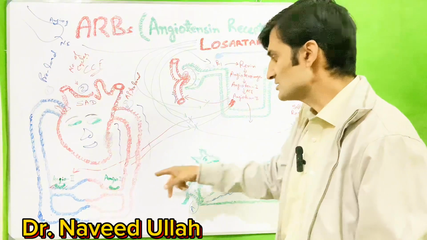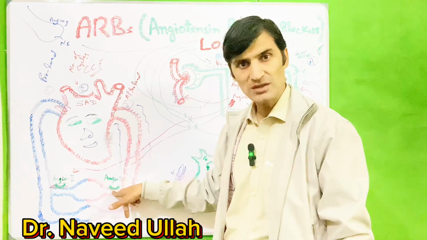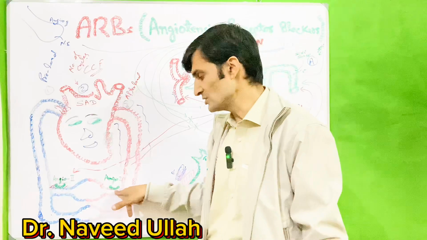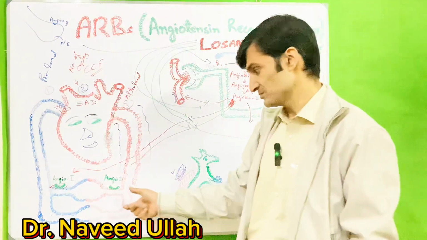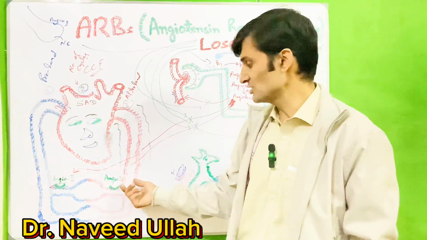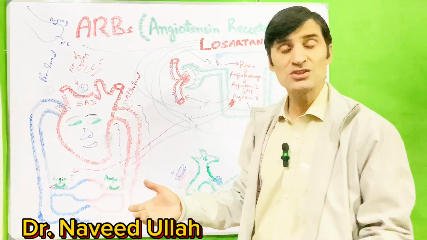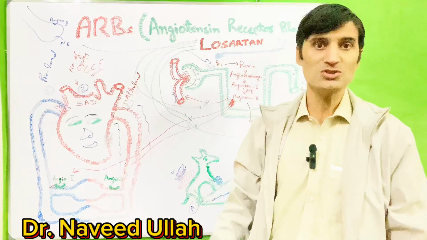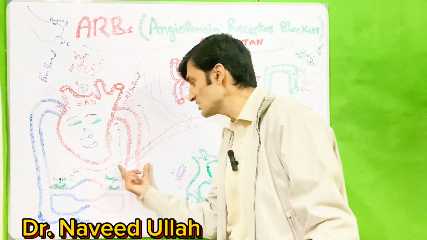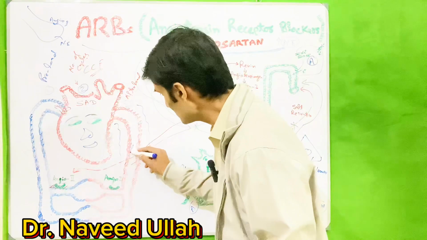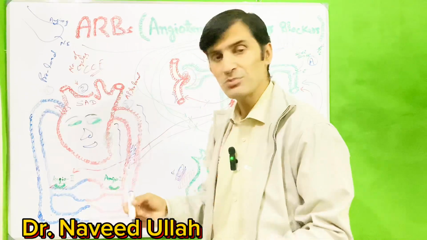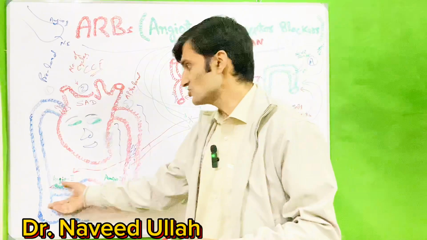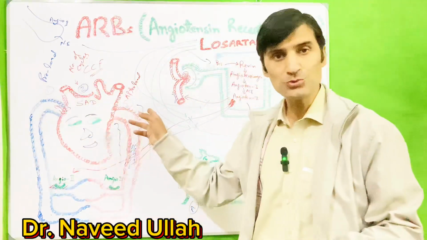Again, when angiotensin 2 acts on the artery side, on the receptors on the arteries, what will happen? When stimulated by angiotensin 2, it will also cause constriction in the arteries. When there is constriction, the resistance will be increased, and the diastolic blood pressure will be increased. From the constriction of veins, the systolic pressure and cardiac output will be increased.